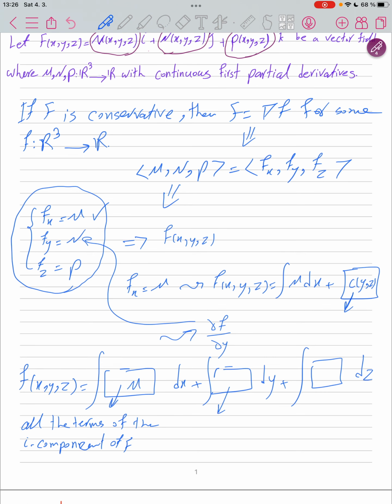Now, here put all the terms of the J component that do not contain x.